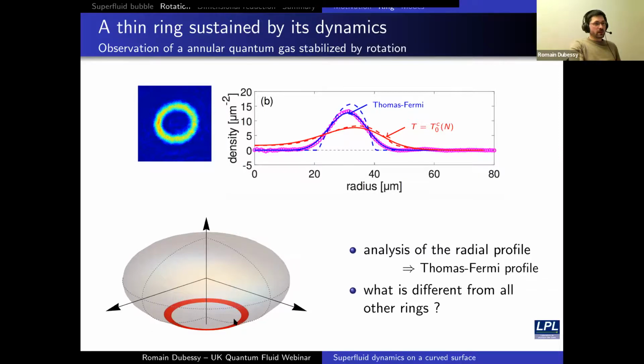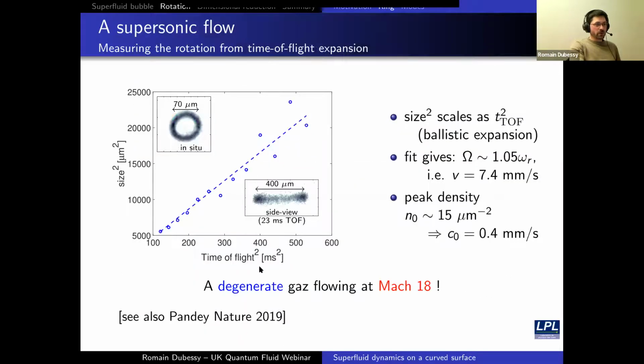If we let it expand from our trap, we can measure directly the rate of expansion, and we find that it follows quite nicely a ballistic expansion. And from this ballistic expansion, we can directly measure the rotation rate or the linear velocity around the ring. And we find that this velocity is of the order of 7 millimeters per second.